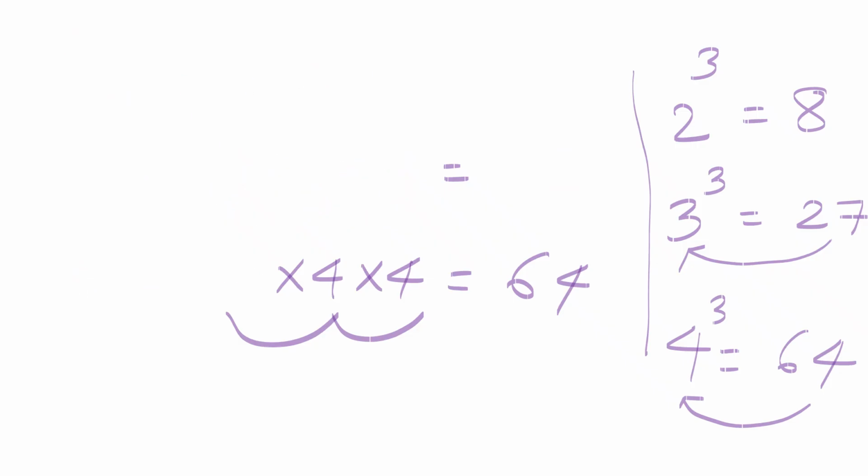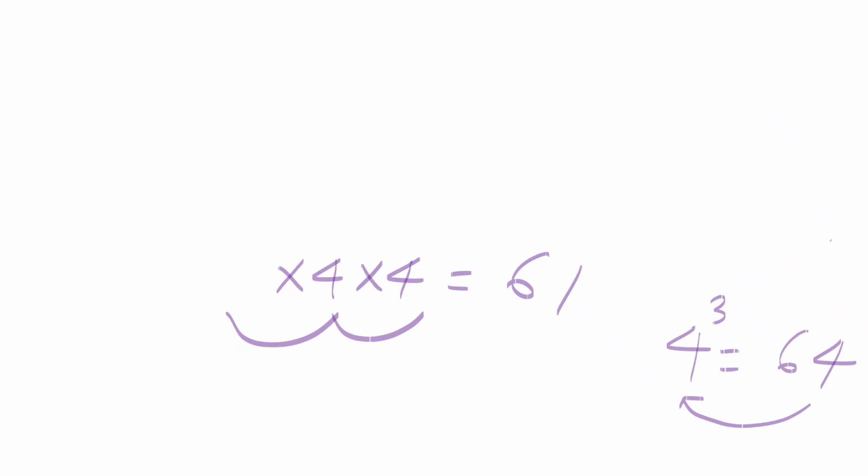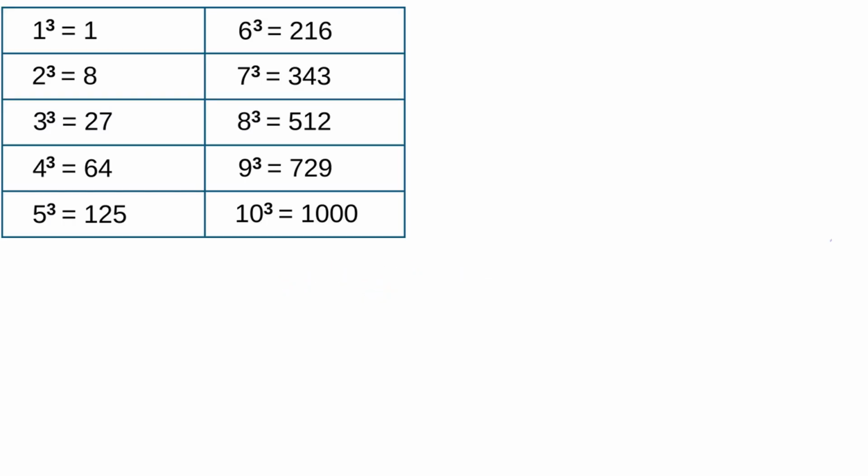Now, let's move ahead. What I have done over here is listed down all the cubes from 1 to 10 for easy going. Now these cubes, I would suggest all the students to memorize them thoroughly. Why?